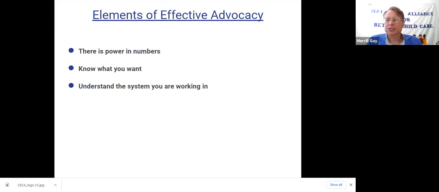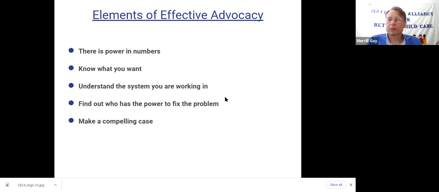You have to understand the system that you're working in. You need to figure out who has the power to fix the problem, specifically which person or people have the power. Then you need to be able to make a compelling case. And when at first you don't succeed, try again.